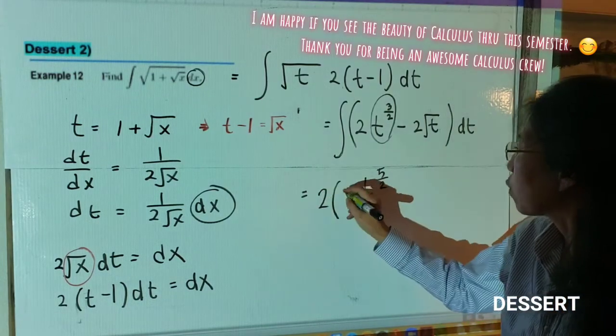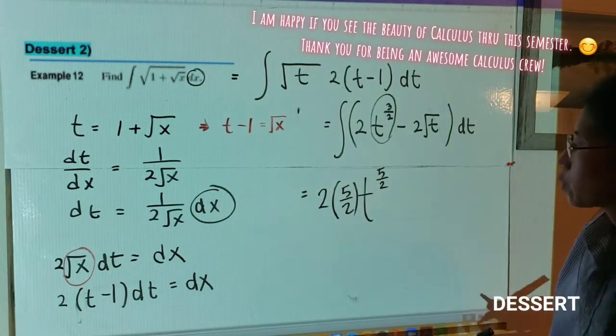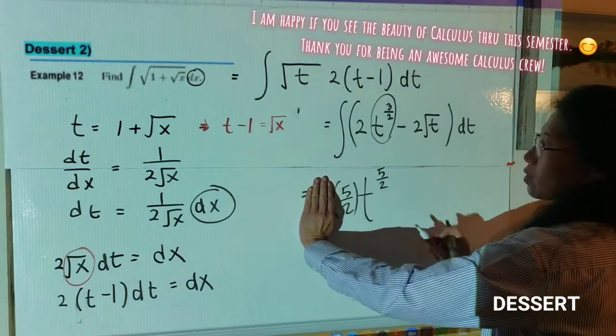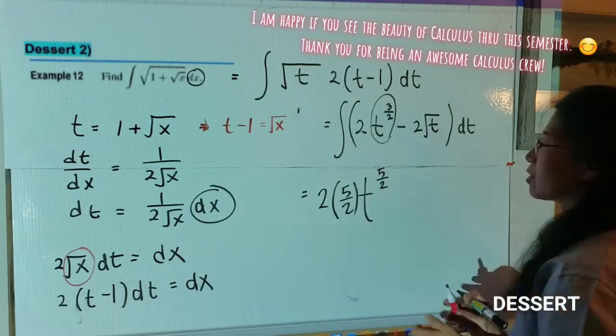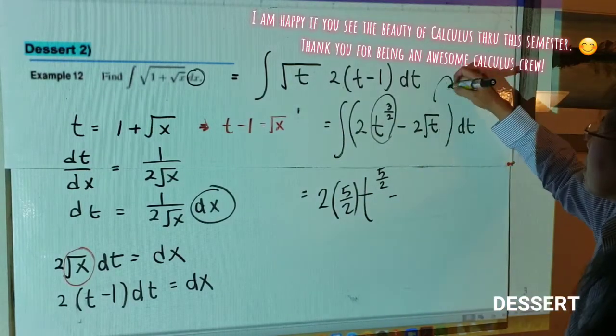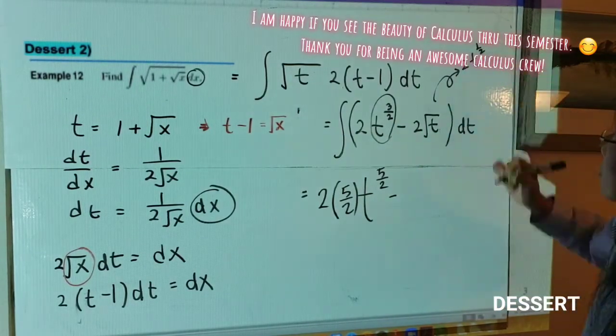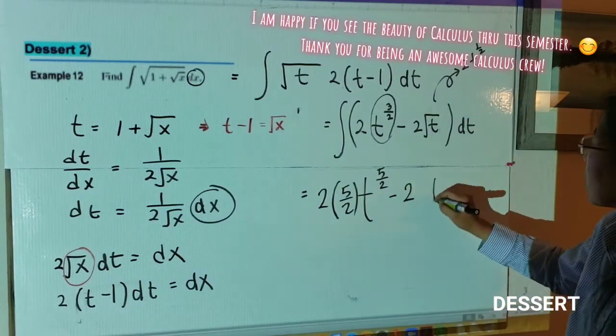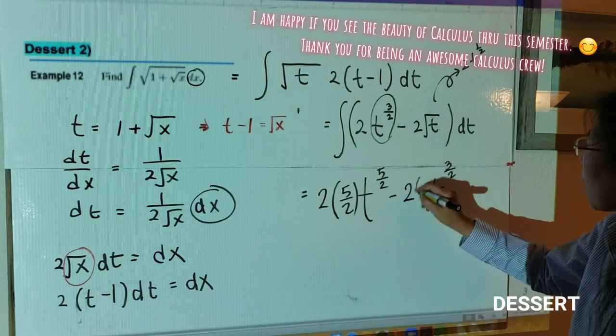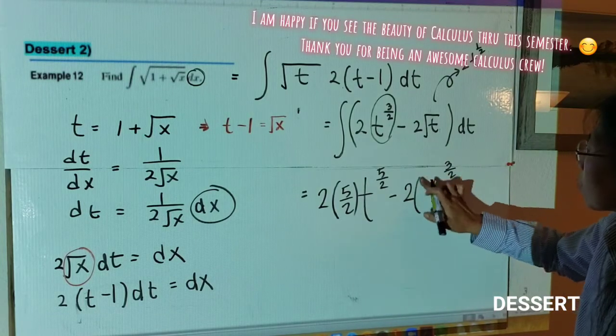I have to get rid of the 5 over 2, so I'm going to multiply. If you don't believe me, just take a derivative of this one. You get t to the 3 over 2, right? Do you see that? And then that 2, I kept it. One more time, negative 2 times t to the 1 over 2 power will come from 2t to the 3 over 2 power, and then 2 over 3 I need to multiply.